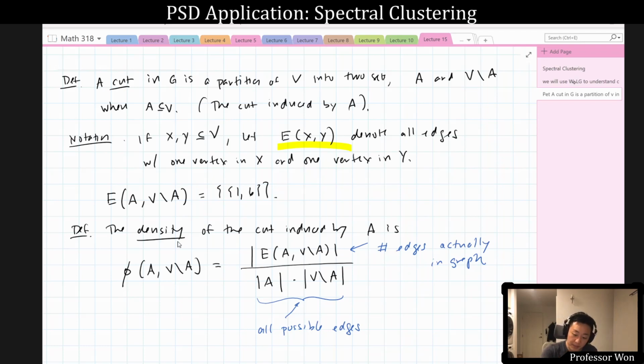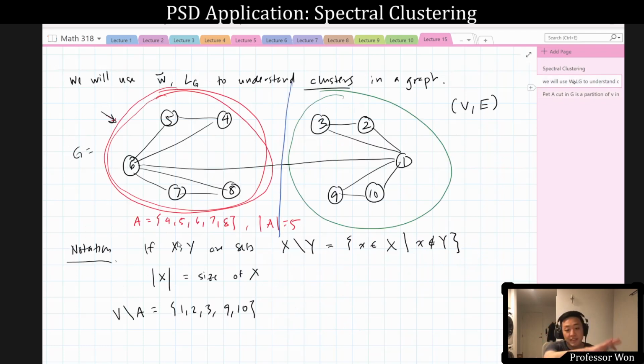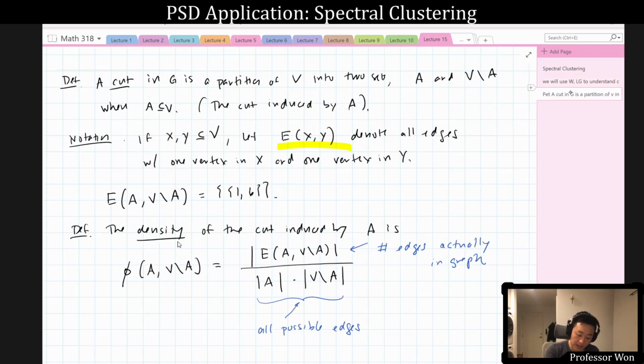Okay, so for this example, there are 5 vertices on the left and 5 vertices on the right. So there are 25 possible edges between A and the rest of the graph, but there's only one edge that's actually in our graph. So in the example, this was 1 over 25.